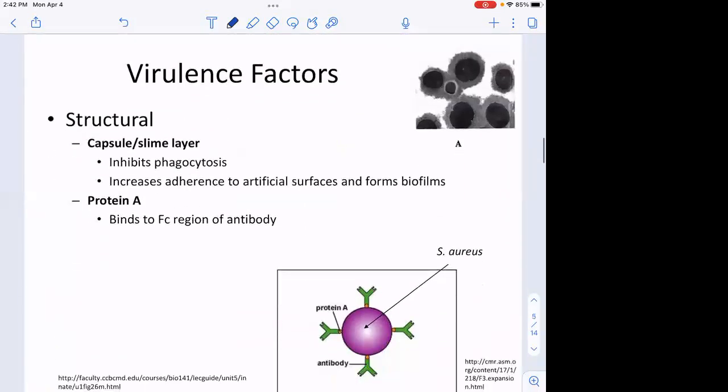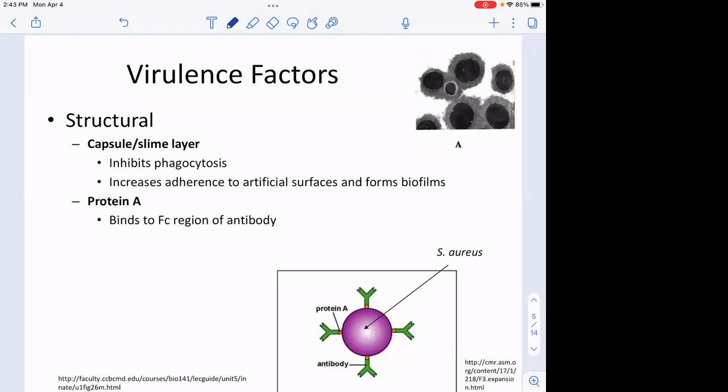All right, so thinking about what kind of tools Staph aureus has that make it successful in establishing an infection. We call those virulence factors, right? Not every strain of Staph aureus would have all of these; some strains might have some of them and some have the others.